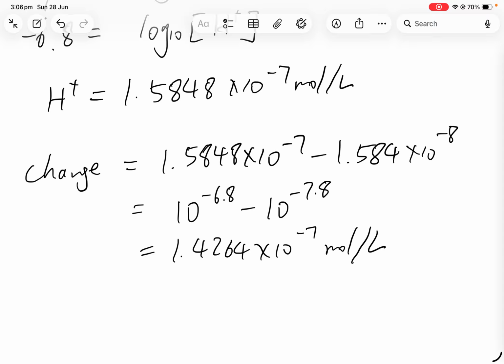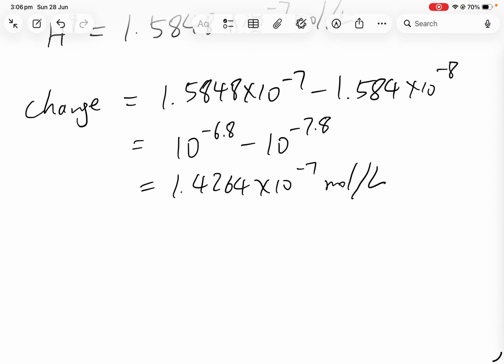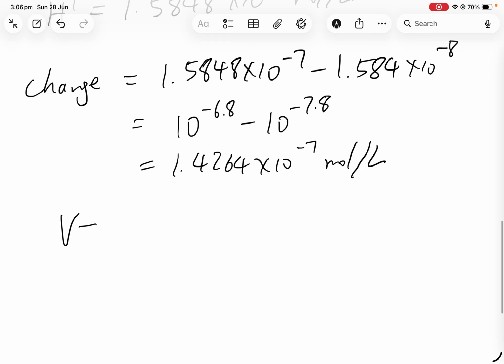So now we want to find the volume of hydrochloric acid that had been added. So now we want to calculate. Here's the formula for volume. We have volume equals, actually, because this is moles per liter equals moles per liter, well, if we want to find out the volume, we have to times them.